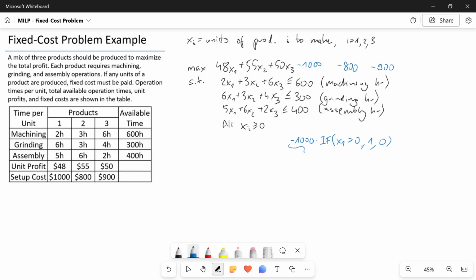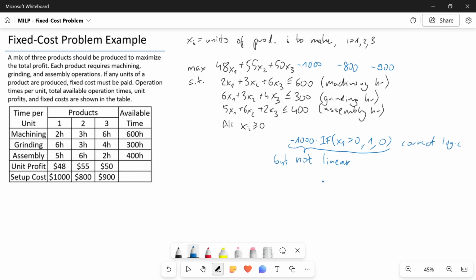But this is not linear. And if it's not linear, the problem becomes much harder to solve to optimality. So this is correct logic, but not linear. Therefore, we don't want to use this kind of modeling.